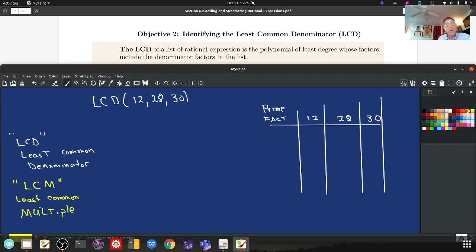Don't really know why we have LCD and then someone else came along and said no, it should be LCM, or what the fight is, but it's good that you know that these two are different names for the same thing.